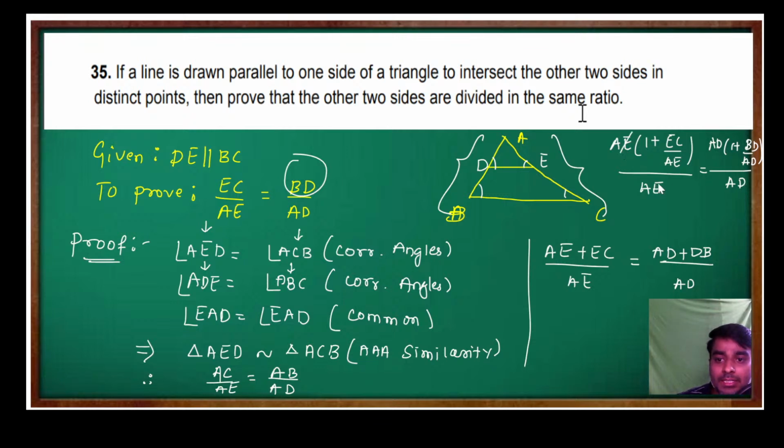Now you can cancel these. Then you have 1 plus EC by AE equal to 1 plus BD by AD. Cancel 1 again. This one goes, this one also goes. So what you are remaining with is EC by AE equal to BD by AD. This much you need to do. Got it?